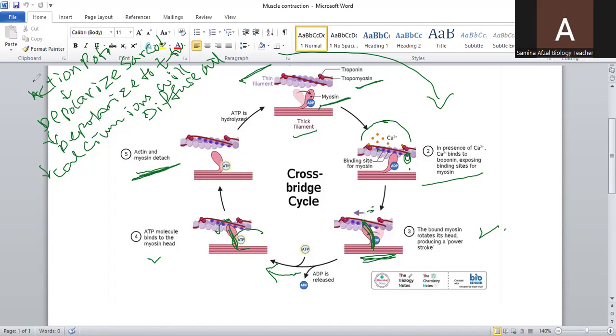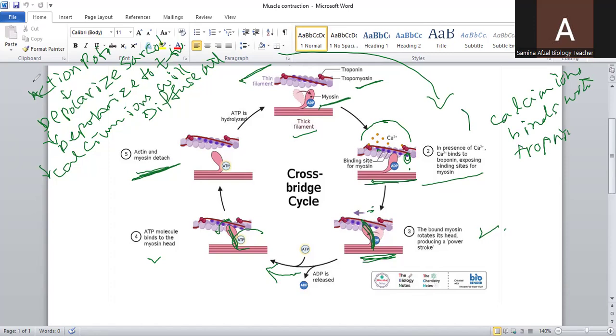So I'm going to write all this again. After the release of calcium ions, the calcium ions bind with troponin, and it has been shown over here in this picture.